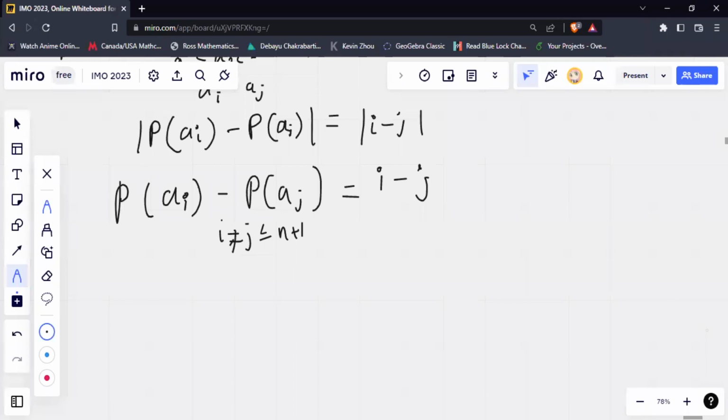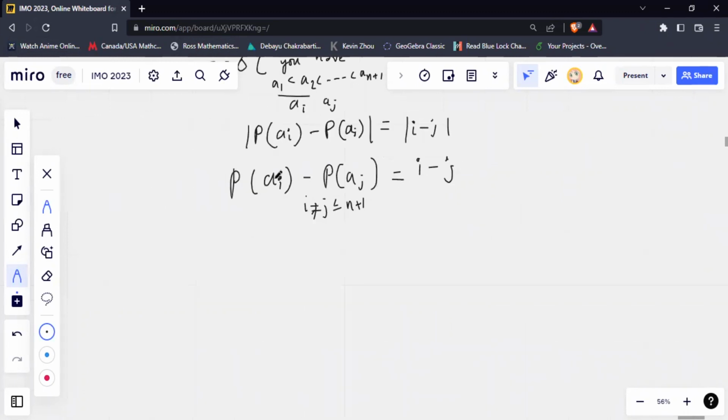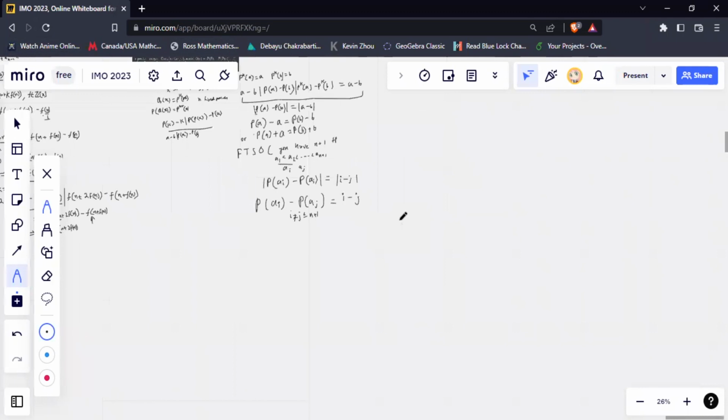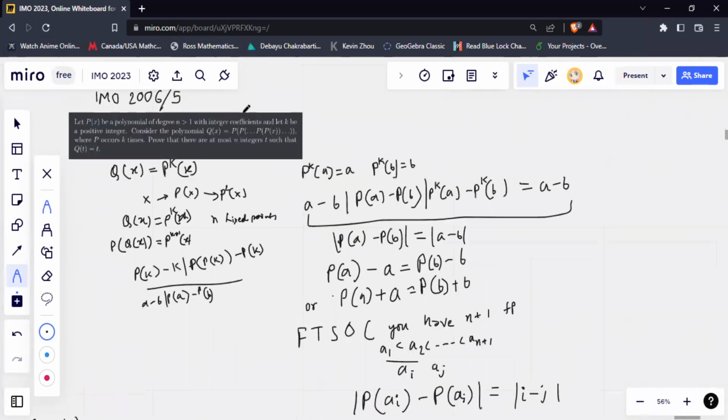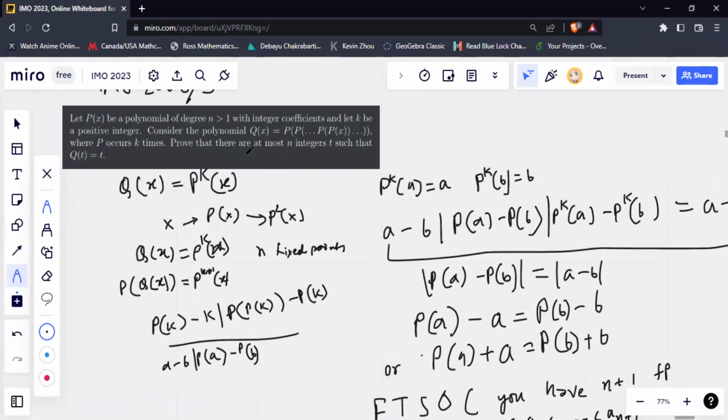Anyone? Vinayak, do you want to say anything? Something has to go wrong here, right? A lot of things. Intuitively, this is saying that q looks like an n degree polynomial.